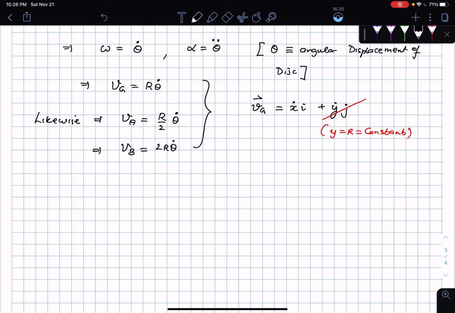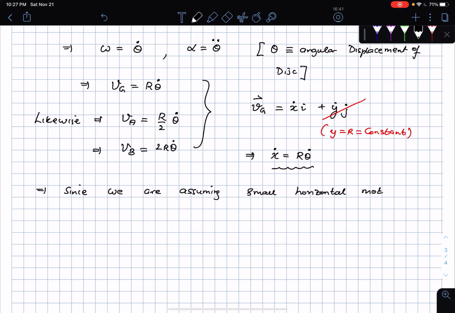So this essentially tells me that x dot is equal to r theta dot, and since we are assuming small horizontal motions only, or small displacement of the disk, we can say that since x dot is equal to r theta dot, x is equal to r theta.